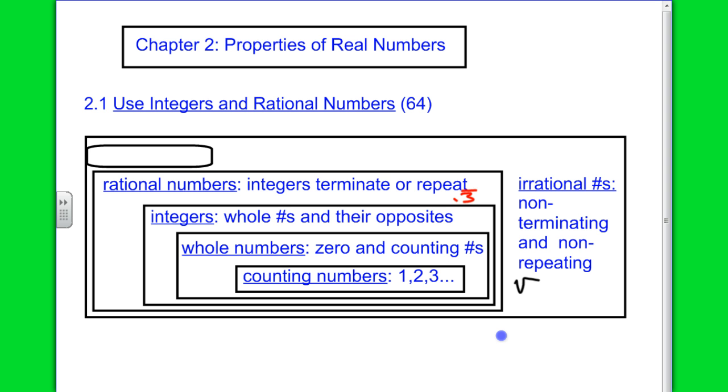So 5. So is 5 a perfect square number? No. So any number that is not a perfect square stuck inside a radical like that is irrational.